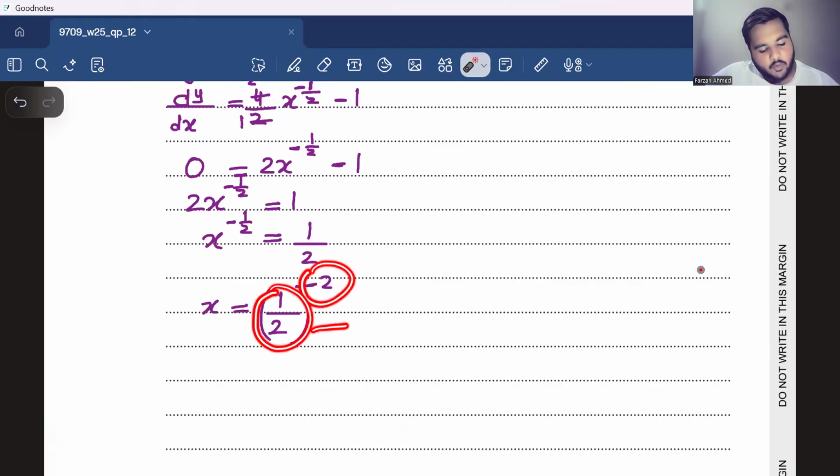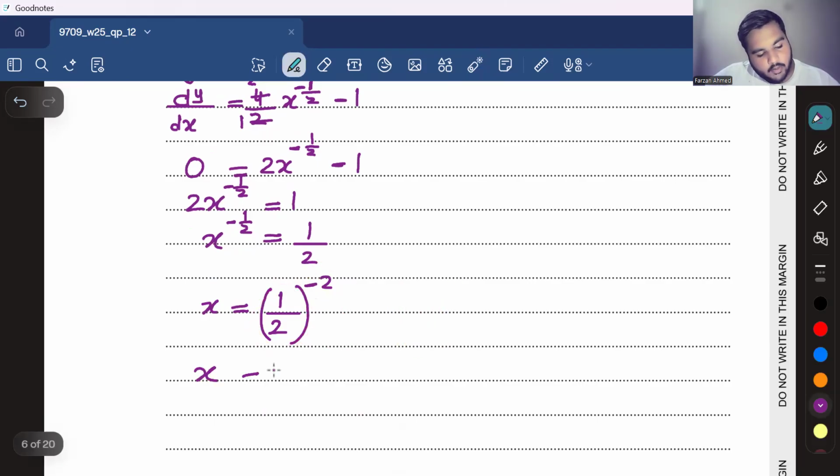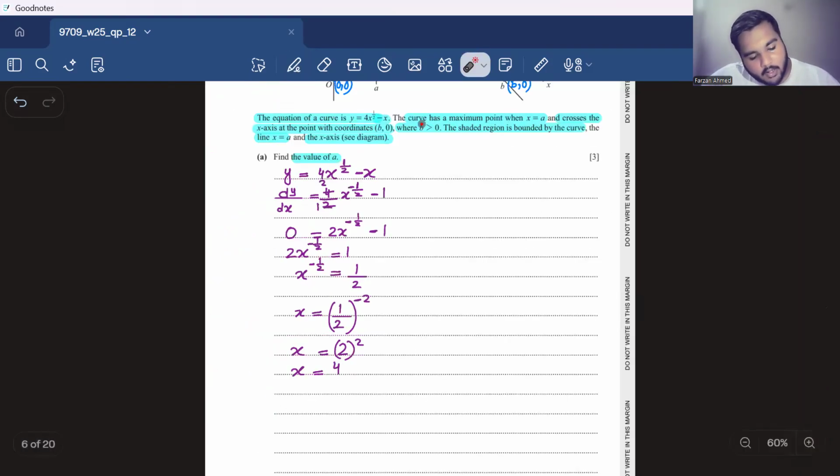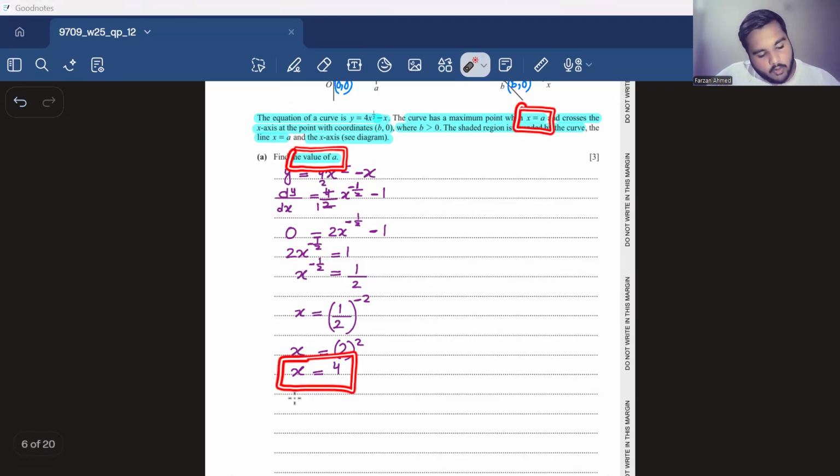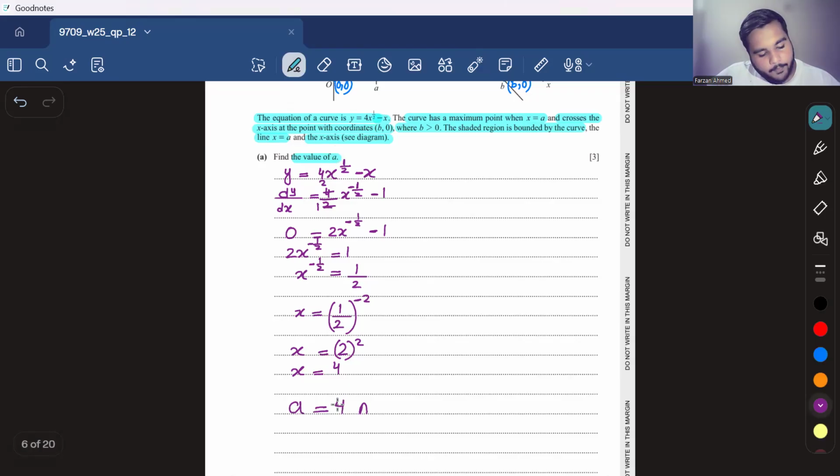It will become 2 whole square, so x is 2 squared. The x value is 4. The curve has a maximum point when x is equal to a, so we have to find the value of a, and x is equal to a. We have x as 4, so the value of a will also be 4.